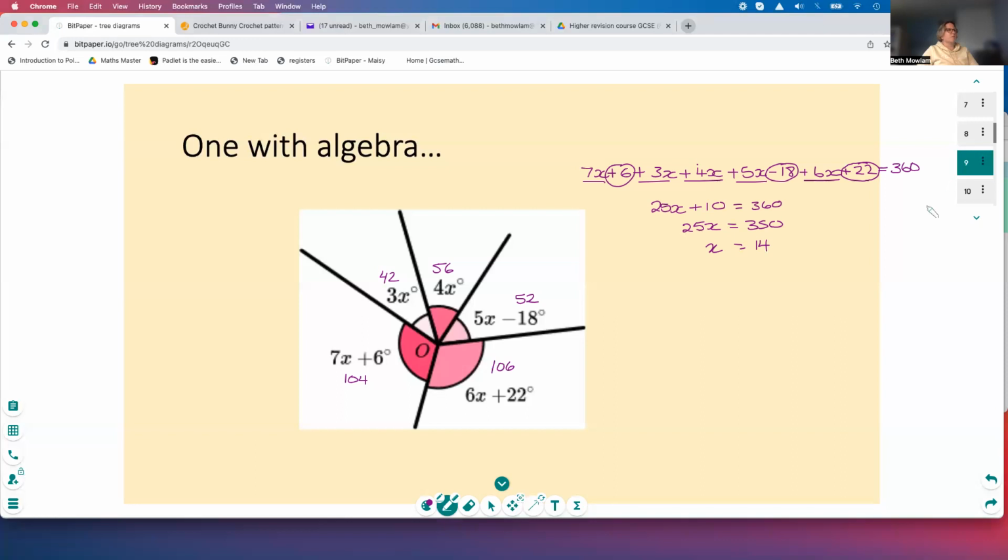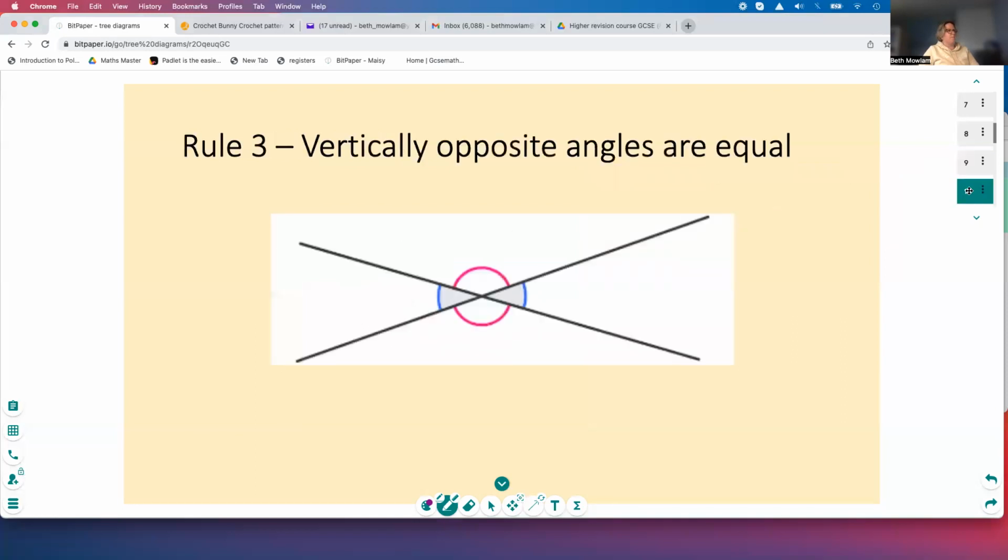So you've got 2 rules so far. Angles on a straight line add up to 180. Angles around a point add up to 360. Then we've got, these are around a point as well, but these are what we know as vertically opposite angles. So if you have 2 lines that are crossing to make an X shape, the angles opposite are equal to each other.